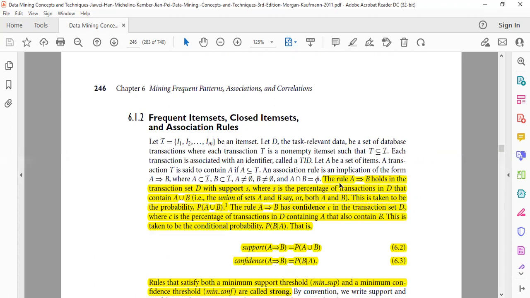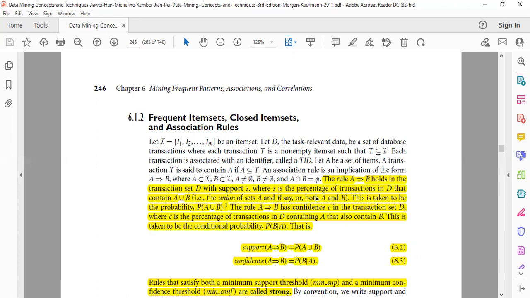If I write A arrow B, and this rule has a support of S, that means S is the percentage of transactions in the total database that contain both items, that is, A union B, and this is taken as the probability of A union B. If the rule A arrow B has confidence C, what I mean is the percentage of transactions in the data set containing A that also contain B. That means the presence of item A is essential.